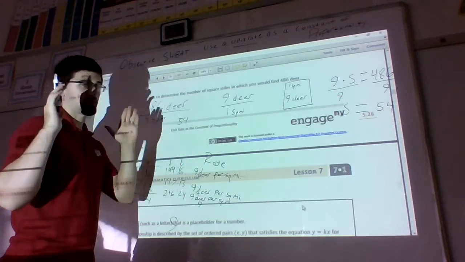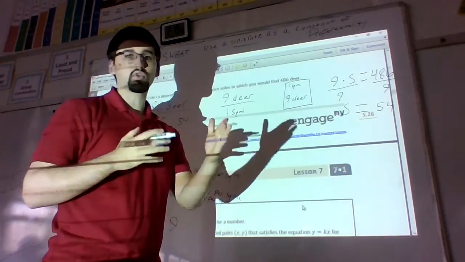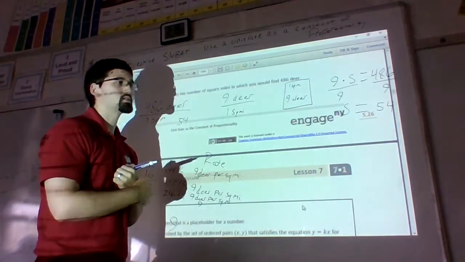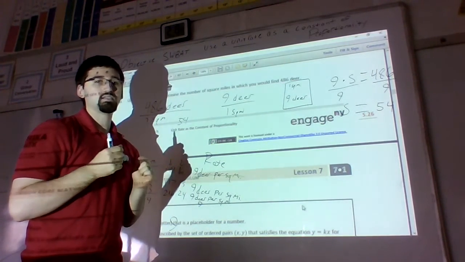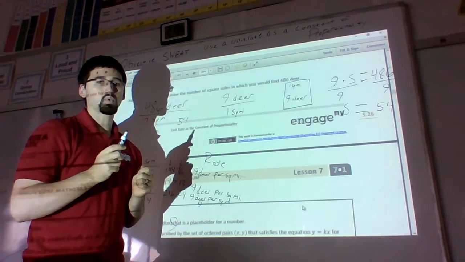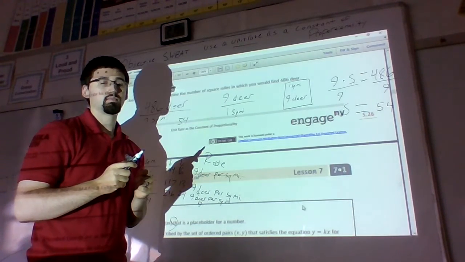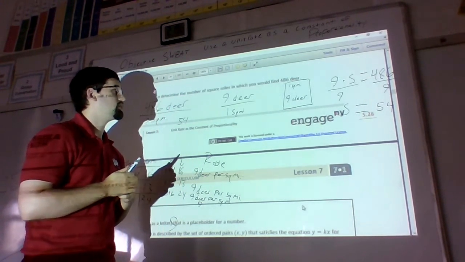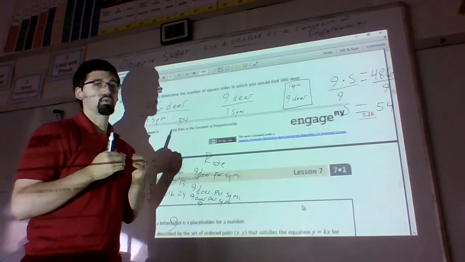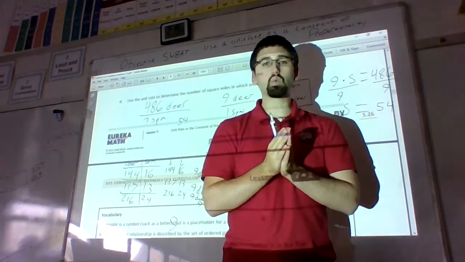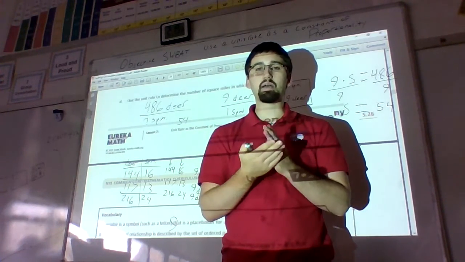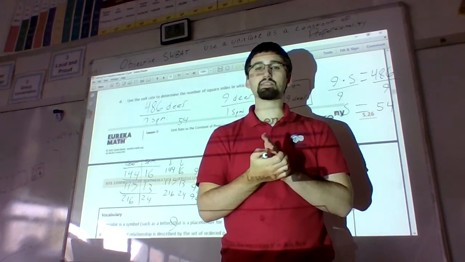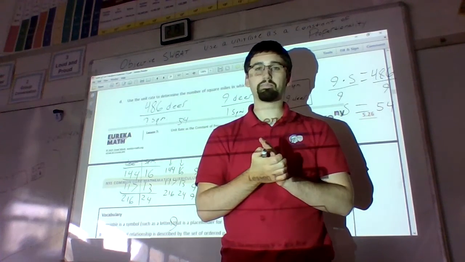And maybe this is confusing because I feel like I've kind of gone in a number of different directions. But think about this. There are 9 deer in 1 square mile. So if I split the number of deer into equal groups of 9, that means the number I should get is the number of square miles.